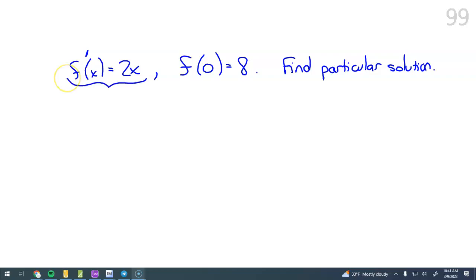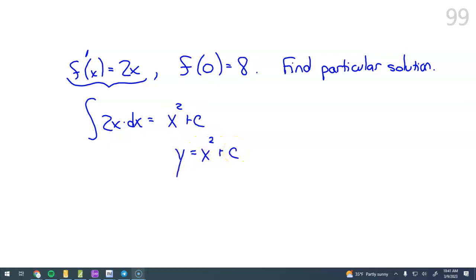So I'm going to integrate that to find out what f of x is. So what's the integral of 2x? x squared, plus c. So then we know that y equals x squared plus c.